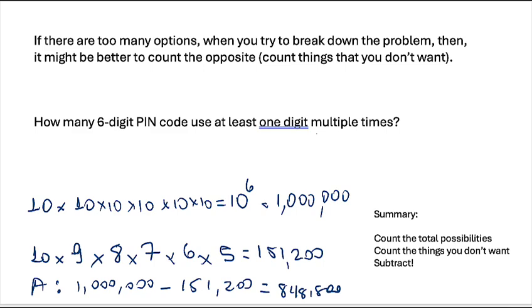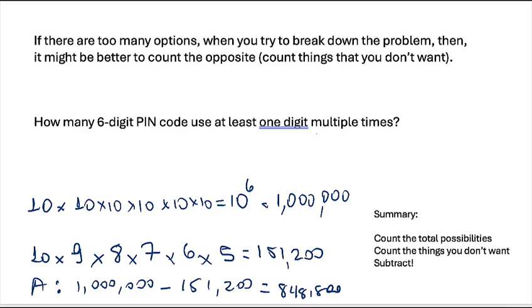It doesn't matter. Whatever counting technique you're using, if it's too difficult and you know the thing that you don't want, you can always use count the opposite. You count the total, then count the thing that you don't want, and just subtract.